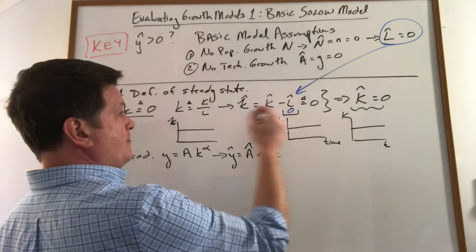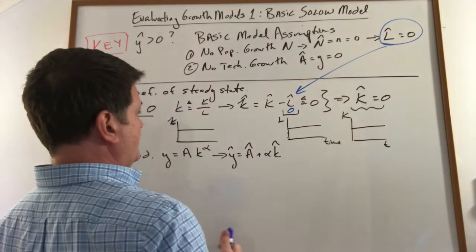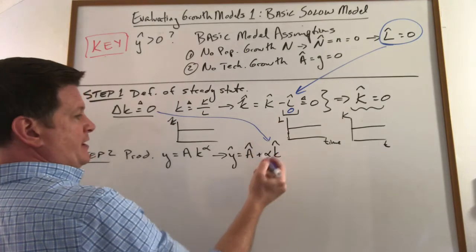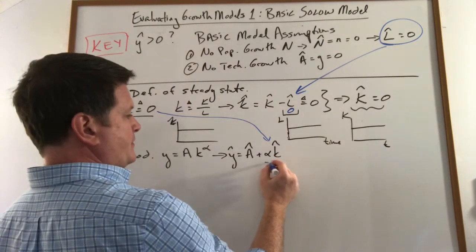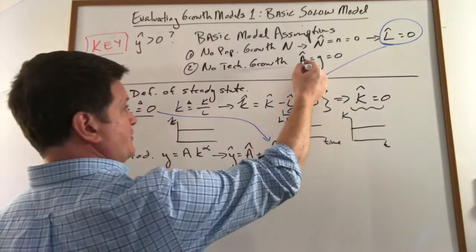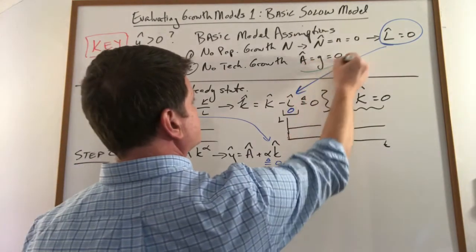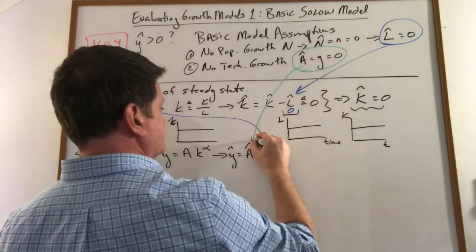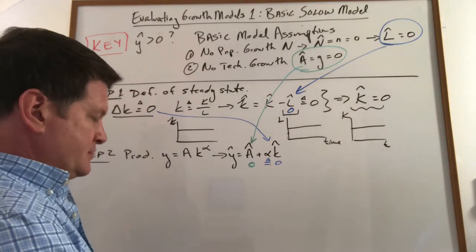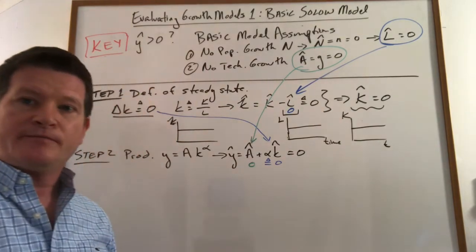This is 0 by assumption, right? So this is 0 by assumption. That's 0. This is also 0 by assumption. Right? So this is also 0. So overall, this must be 0.